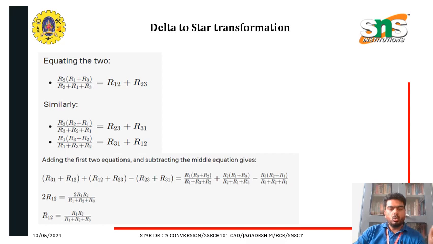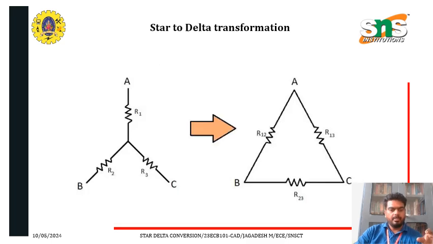Equating the two, R2 into R1 plus R3 by R2 plus R1 plus R3 is equal to R12 plus R23. Similarly, R3 into R2 plus R1 by R3 plus R2 plus R1 is equal to R23 plus R31, and similarly for the other term. Finally, R12 is equal to R1 R2 by R1 plus R2 plus R3.